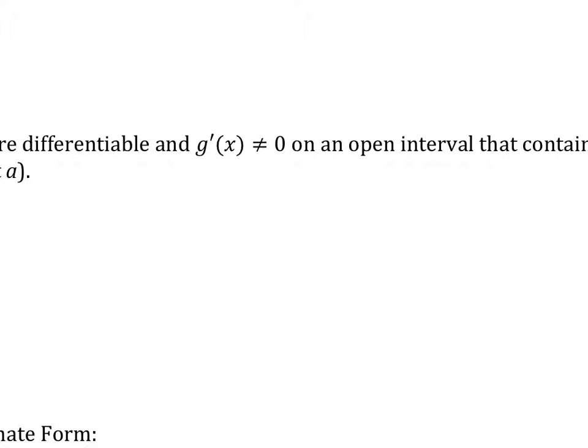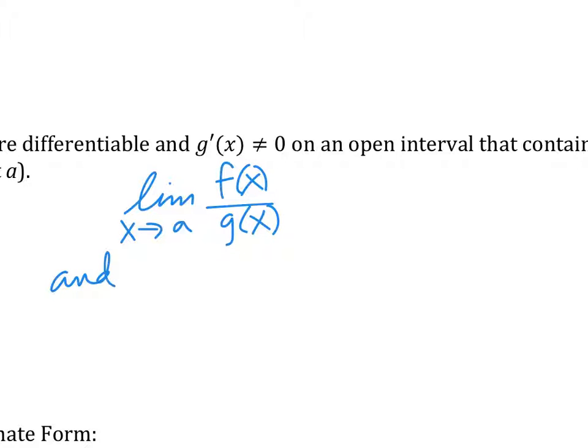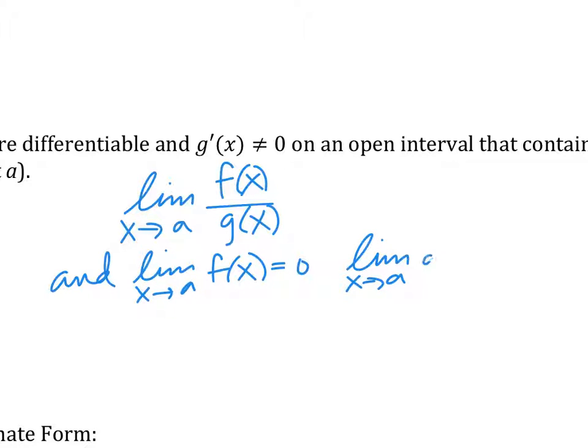So that means if you're trying to find the limit as x goes to a of f of x over g of x, and you can take the derivative of f and g on their own, and g prime is not going to be 0, and the limit as x goes to a of f of x is equal to 0, and also the limit as x goes to a of g of x is equal to 0.